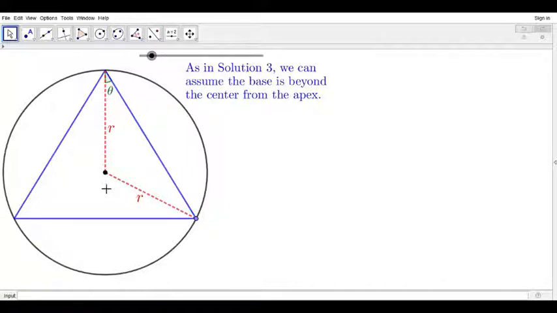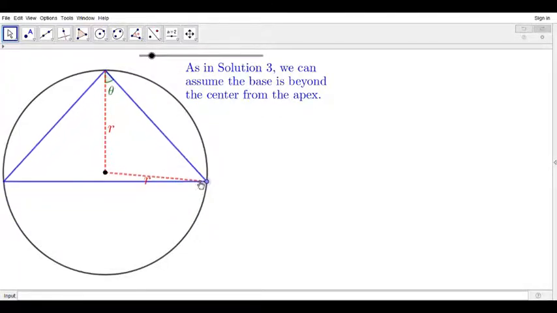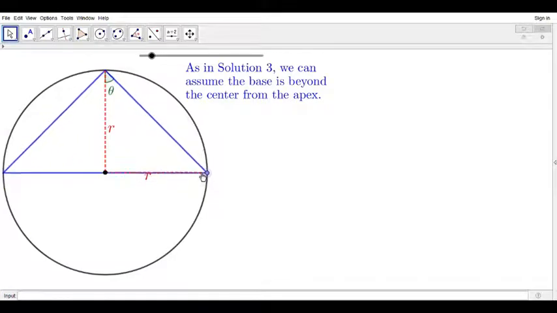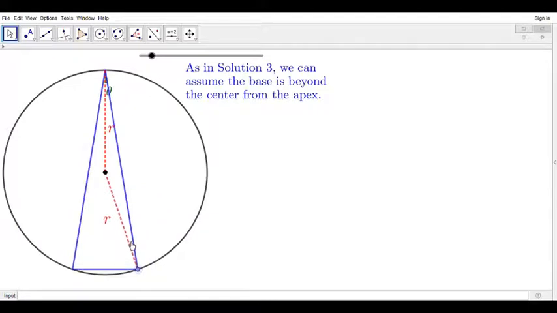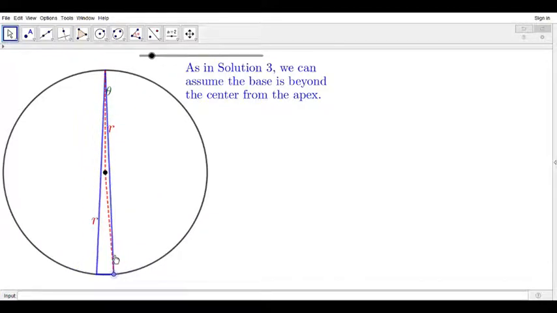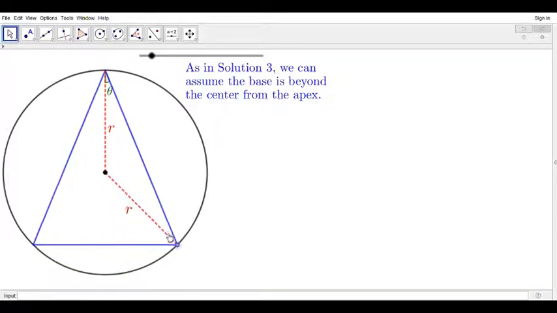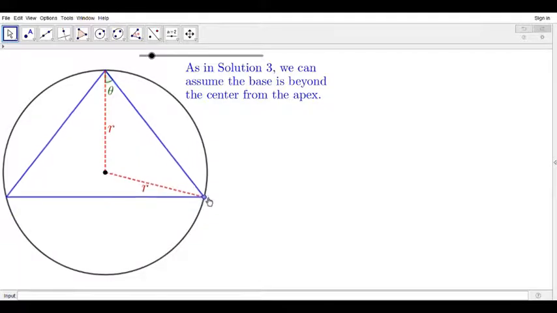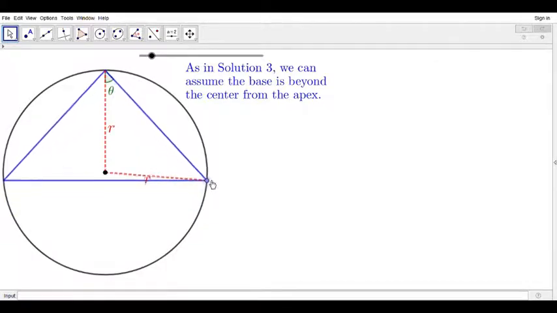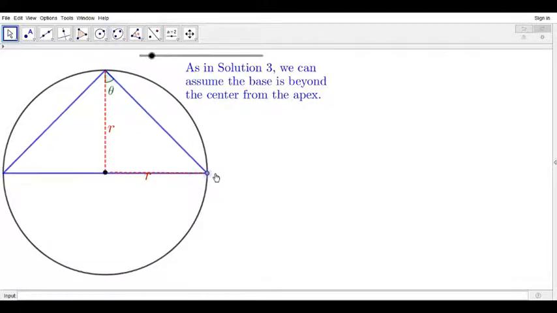But anyway, because the base would go no higher than the center, what that tells us is that the angle theta would have 0 as a lower bound. So the lower bound of theta is 0, and then what's the upper bound of theta? Consider this extreme situation where I can't bring this movable point higher than the center.